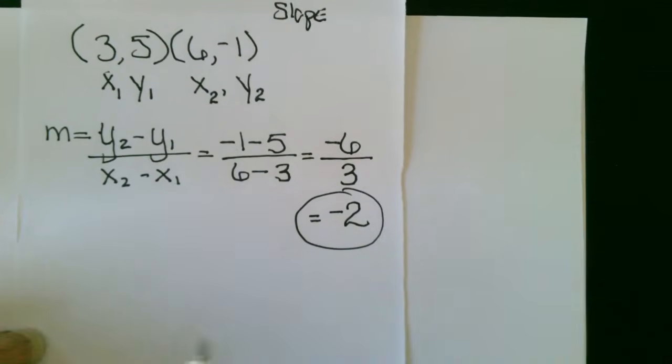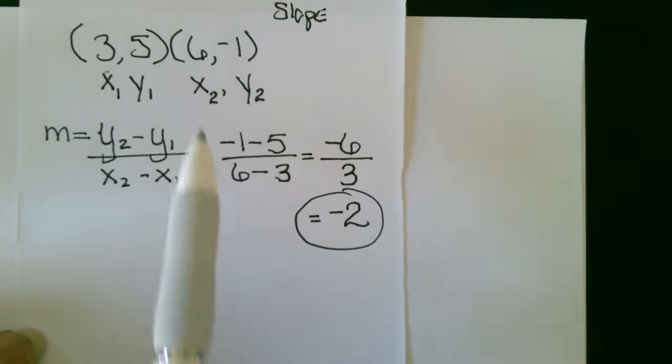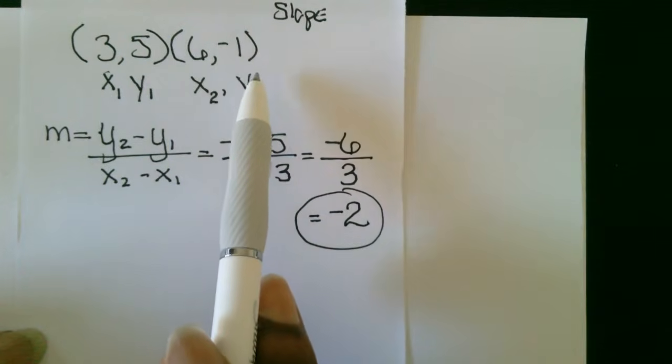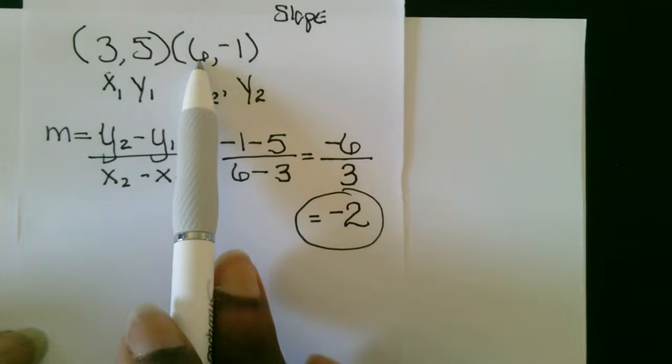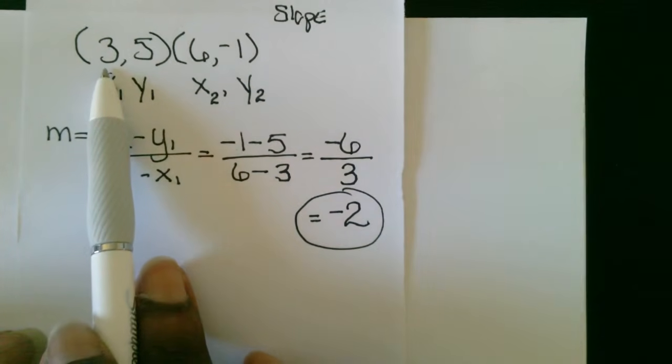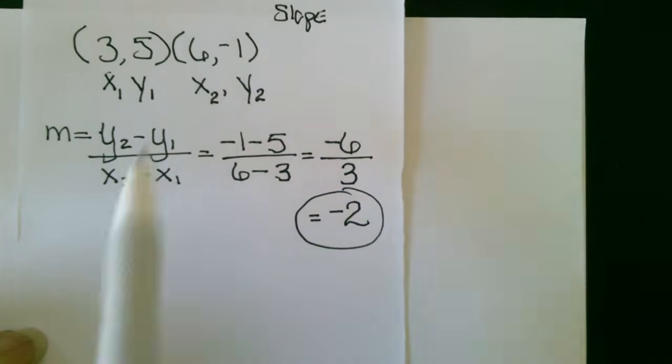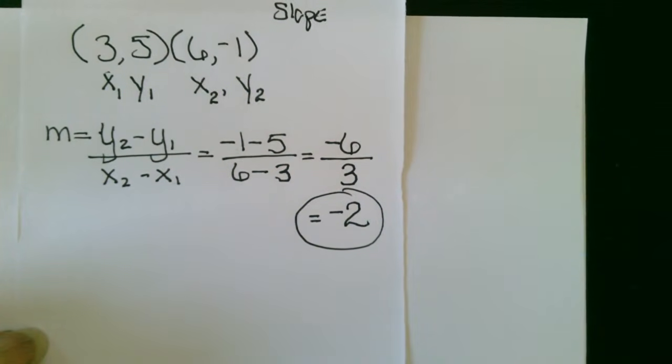This is the general mistake a lot of people make. They do the y2 minus y1 perfectly fine, but then they go to x1 to x2. I don't know why our brain does that, but it does it every time. Then it would give you a negative 3, and then you would have gotten a positive 2.